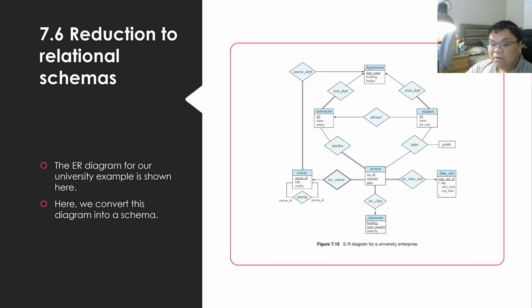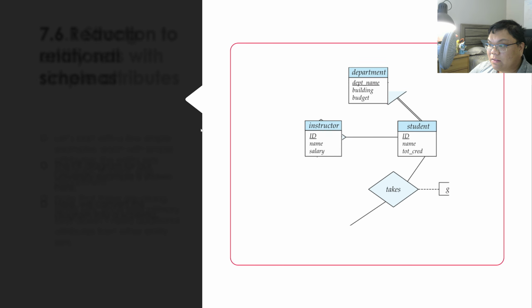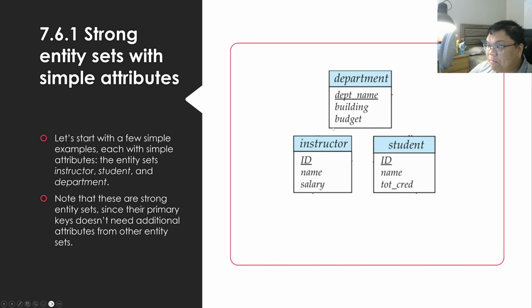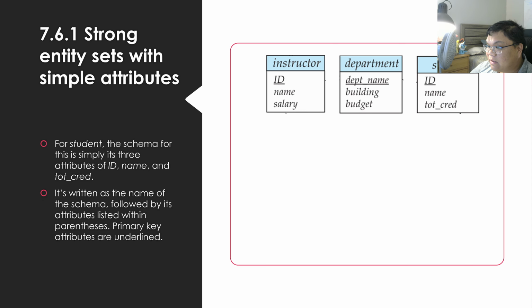So once we have our ER diagram, we can turn it into a schema. Let's begin with a few simple examples. So we have department, instructor, and student. Let's start with student. So these are strong entity sets with simple attributes. All we gotta do is list them out. We have the name of our entity set followed by our attributes enclosed in parentheses, like we're trying to declare a class.